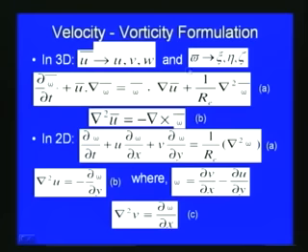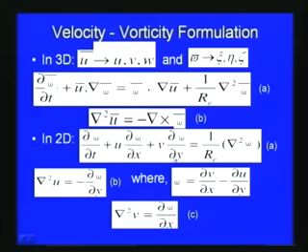If we consider two dimensional problems, we can write these equations as follows, where omega is the vorticity: del omega by del t plus u into del omega by del x plus v into del omega by del y is equal to 1 by Re del square omega.